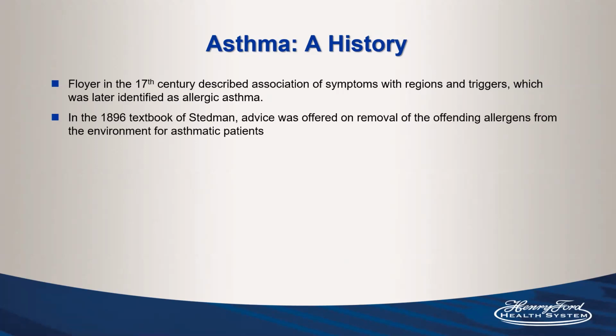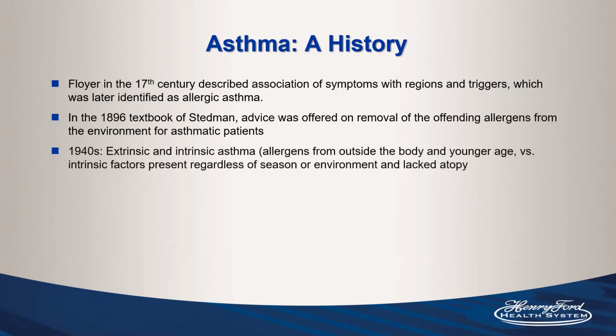Then in the late 19th century, Stedman's textbook offered that removal of these offending allergens will help asthmatic patients. In the 1940s, the theory of extrinsic and intrinsic asthma emerged, where extrinsic is allergens from outside the body versus changes inside the body that can cause asthma.